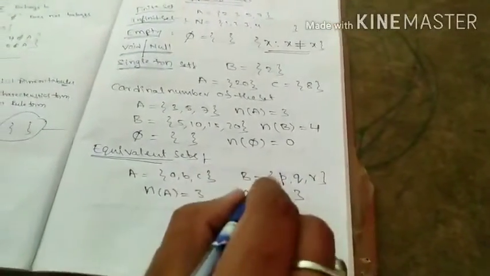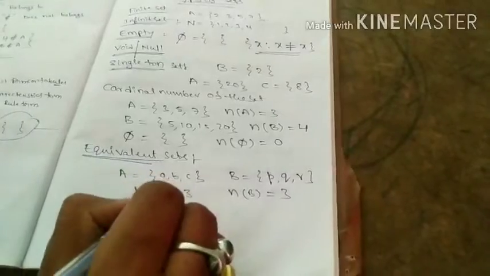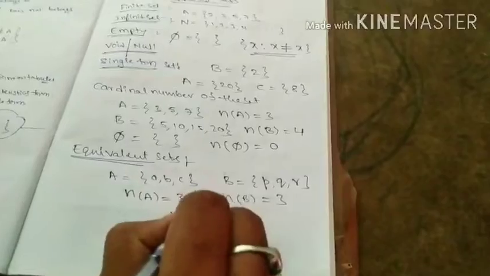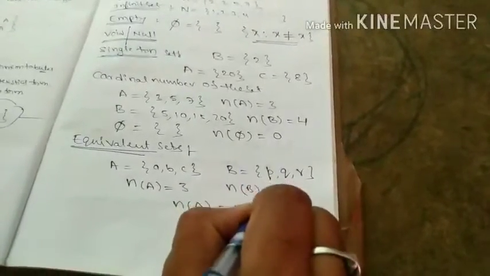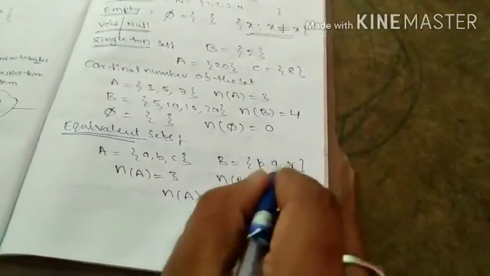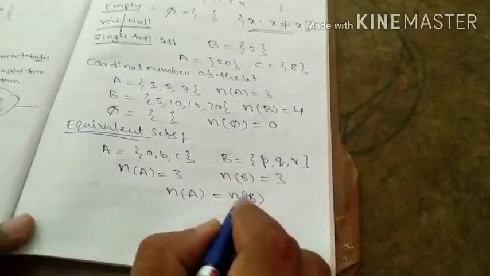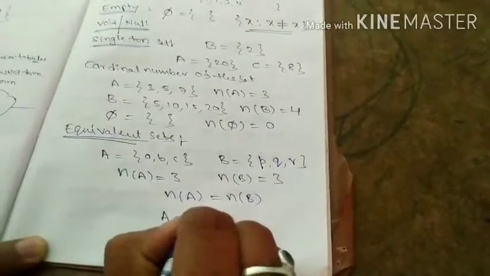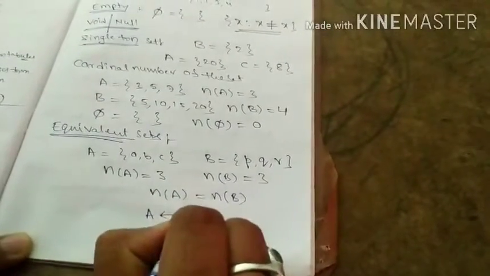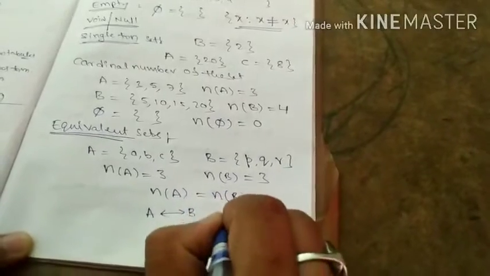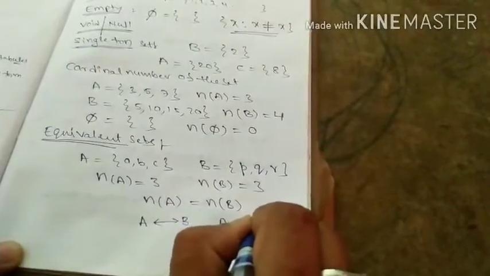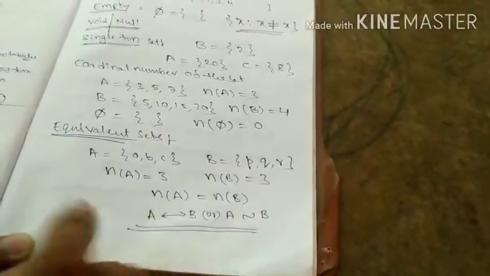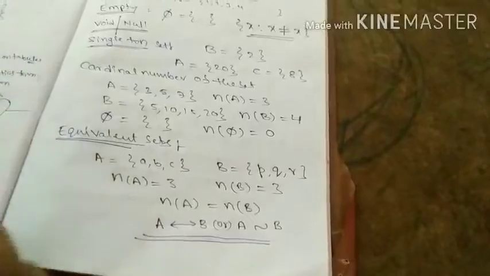The elements are not equal, but the number of elements in A is equal to 3, and the number of elements in B is equal to 3. So n(A) is equal to n(B). The number of elements in A is equal to the number of elements in B. The two sets have the same number of elements, so the two sets are called equivalent sets. It is denoted by one-to-one correspondence, or this is also equivalent sets. Equivalent sets are denoted by these two symbols. It depends on the cardinal number of the set.